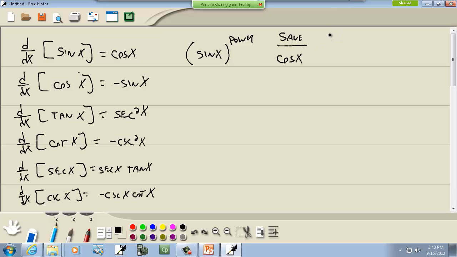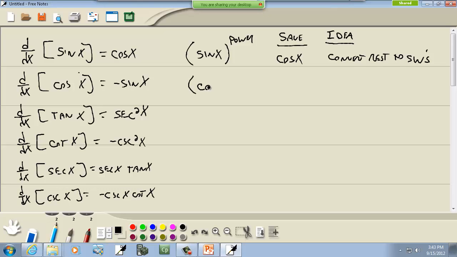This isn't true 100% of the time, because every problem is a little different, but the idea is you convert the rest to sines. So everything else is in sines, and you save one cosine.